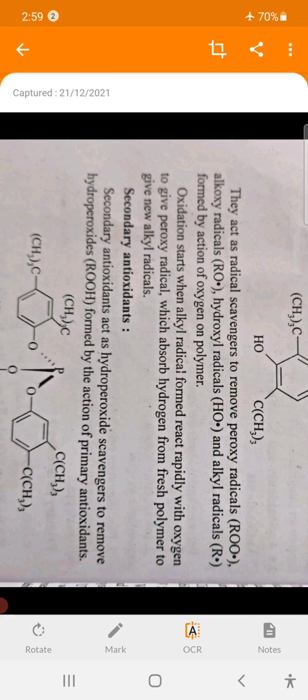The next type is secondary antioxidants, that are hydroperoxide scavengers, and are used to remove hydroperoxides formed by the action of primary antioxidants on the polymers.